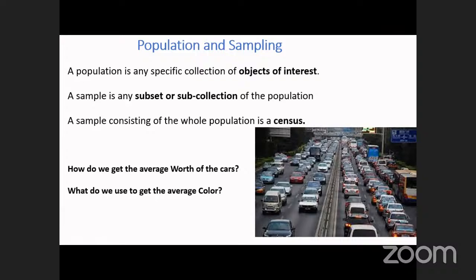I have a definition which says population is any specific collection of objects of interest. And so in this definition, the key thing is object of interest. If you want to carry out a study, each study has a subset where data will be collected, right?